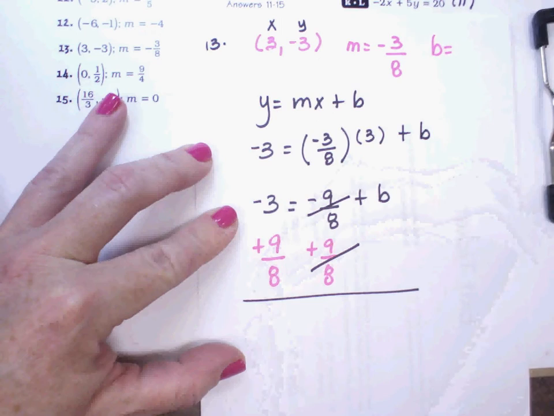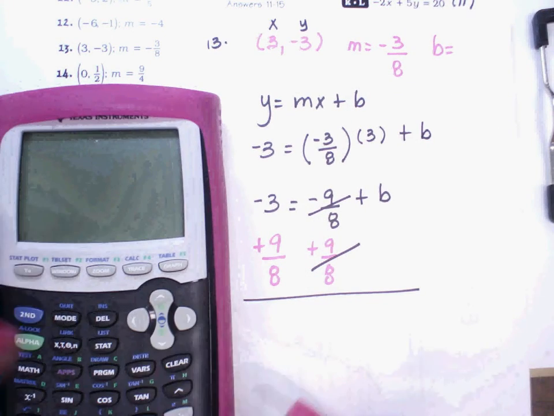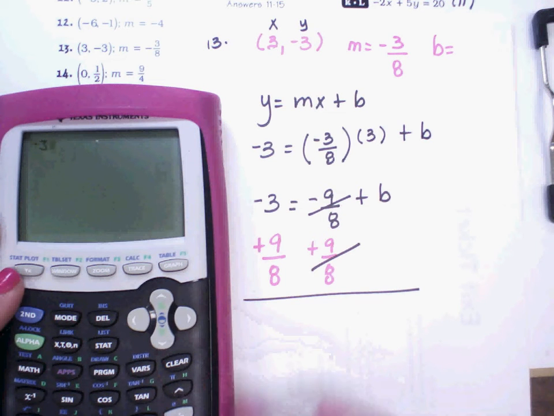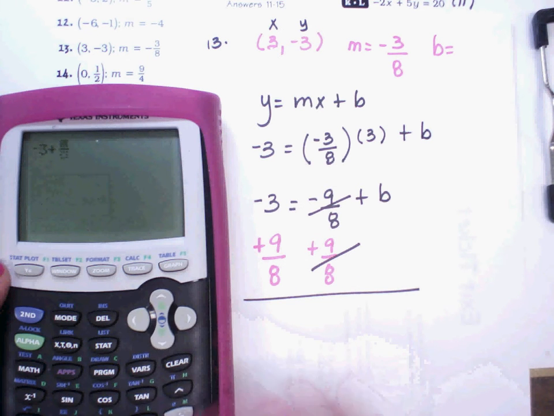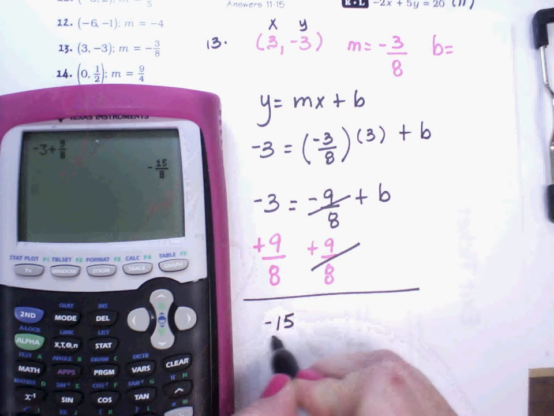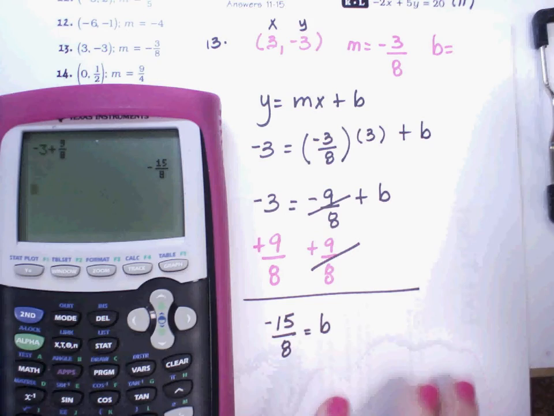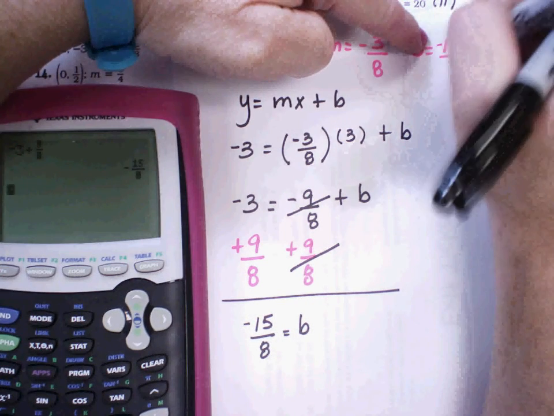Let's cancel over here. And then I'm going to go ahead and do this in the calculator because I'm being a little lazy. -3 plus 9/8. And that would be -15/8. That equals b. So that's my b, and that goes over here, -15/8.